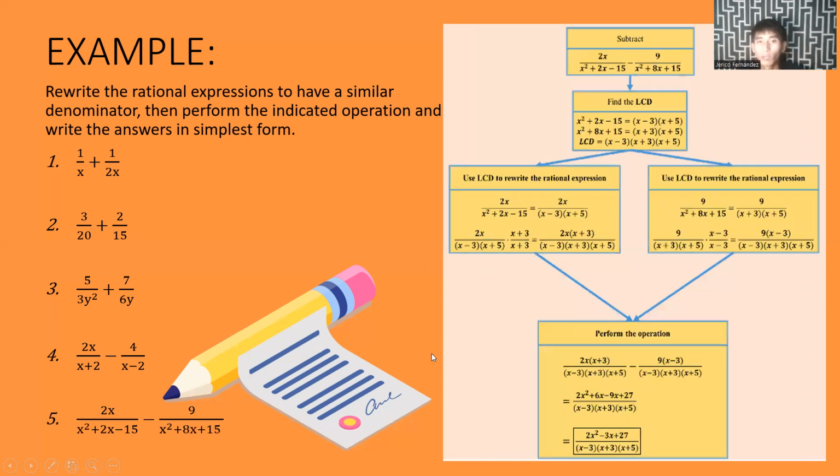Okay, so another one. For this one, factor out, get the LCD, and then get the new expressions, proceed to the operation on the numerator, copy the denominator, factor out everything, cancel out every common factor, and then we have the final answer.